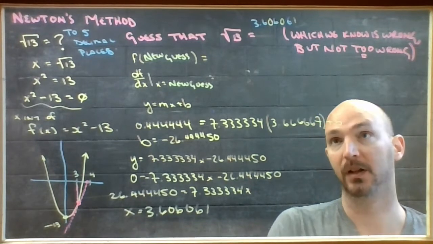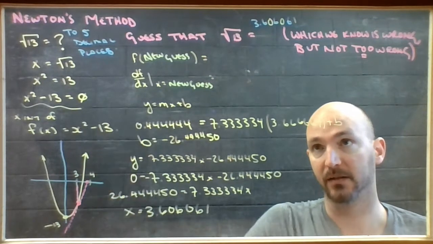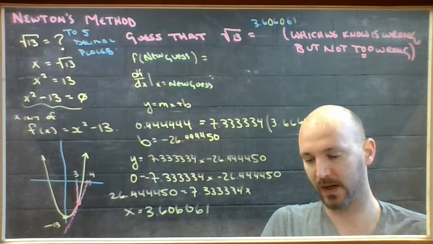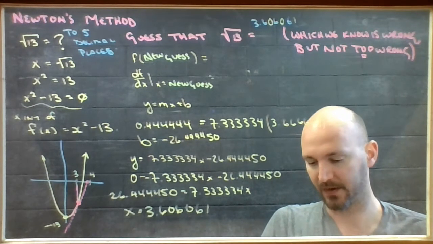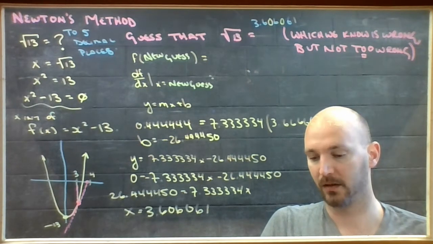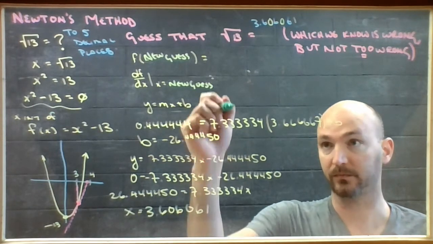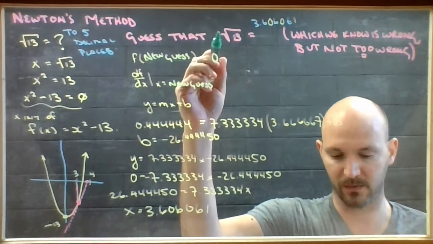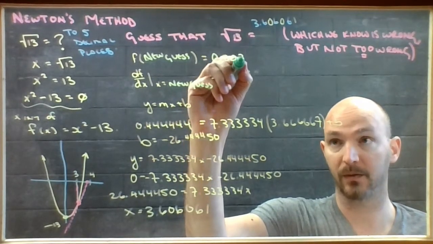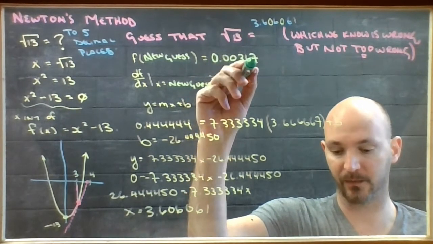Okay, so in order to get the function at this number, I have to take this number and stick it here. So 3.606061 squared, subtract 13, gives me, goodness, 0.00367. 1, 2, 3, 4, 5 decimal places.